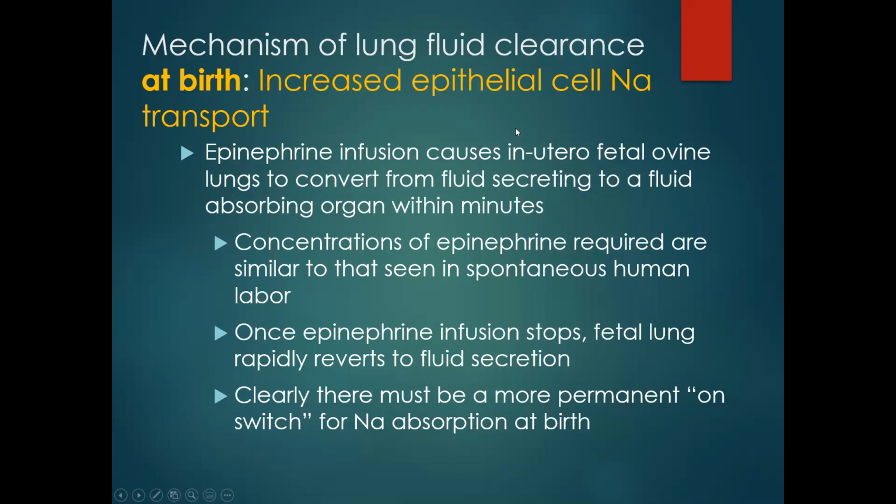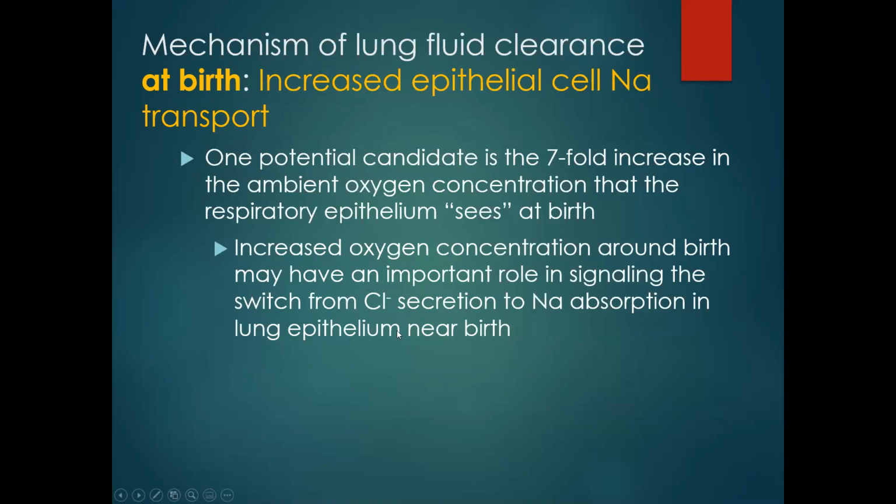Okay, so this ion transport is increased at birth through these hormonal switches. This is more of the same. The chloride secretion switches to sodium absorption in the lung epithelium near birth and after birth, and this progresses and continues to get better with time.